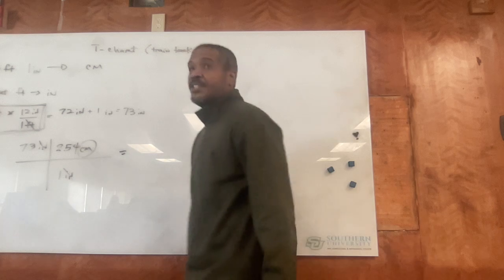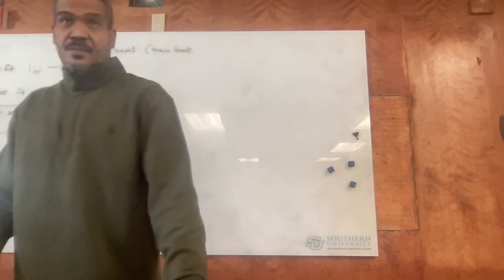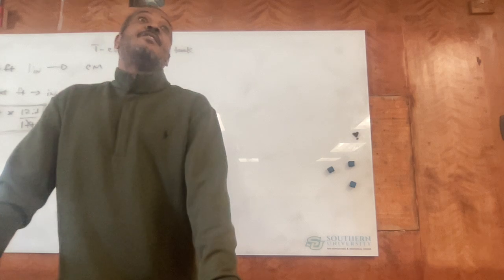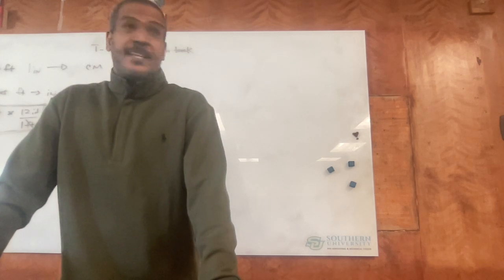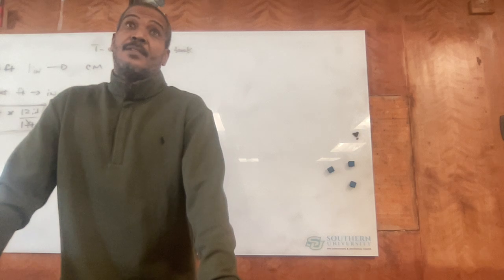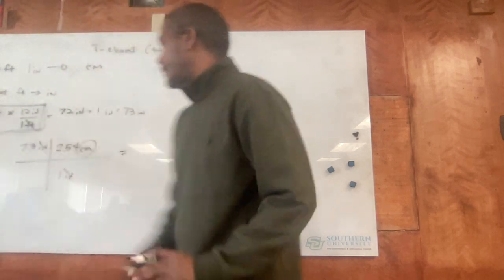I need y'all to start bringing your calculators. And not your calculator on your phone. You're not going to be able to use your calculator on your phone. So you need a calculator. All right?